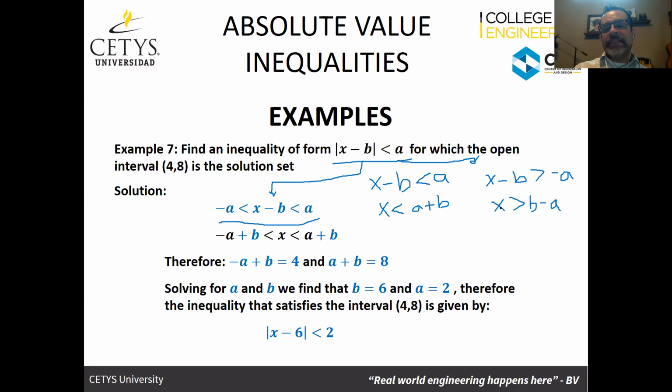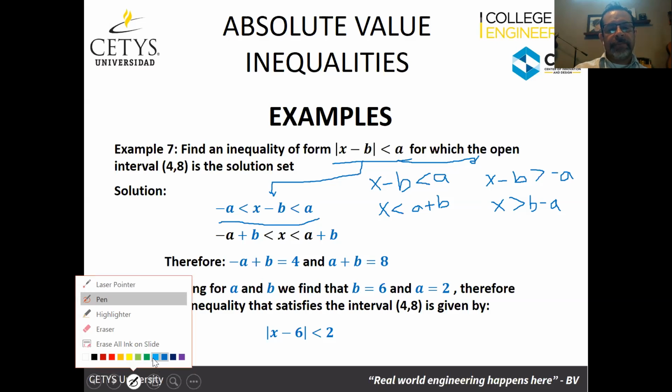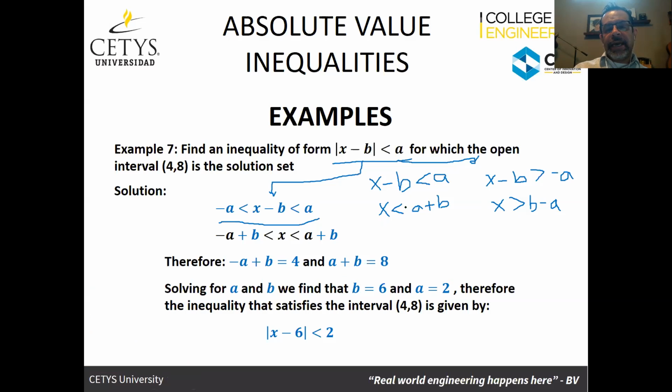The interval we're given is 4 and 8, so these have to be congruent. Here, a plus b has to equal the larger number, since x is less than that, and b minus a has to equal the lesser number, which is 4.